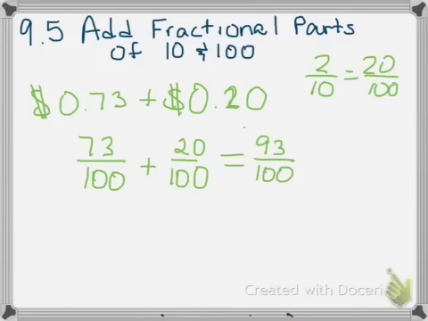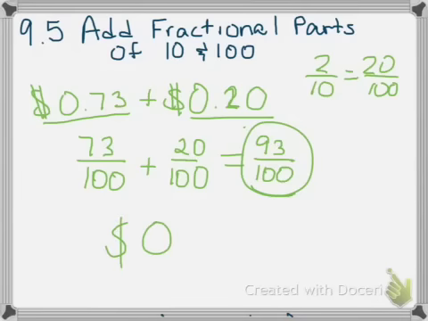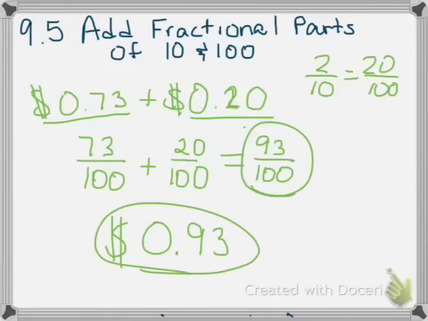But because I have a decimal in my problem, I want to make sure that this gets changed to a decimal again. Well, we've worked on that also where we know that this is 93 100ths. So my answer is going to be 93 100ths. Same position, just in a decimal, just like this.